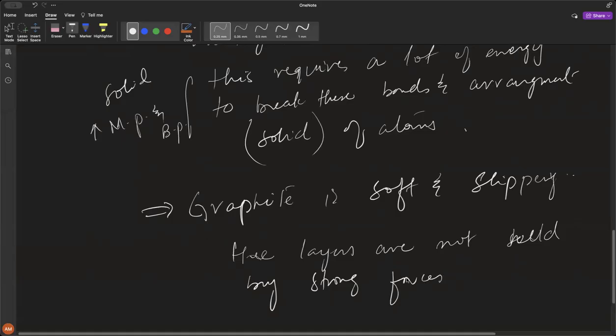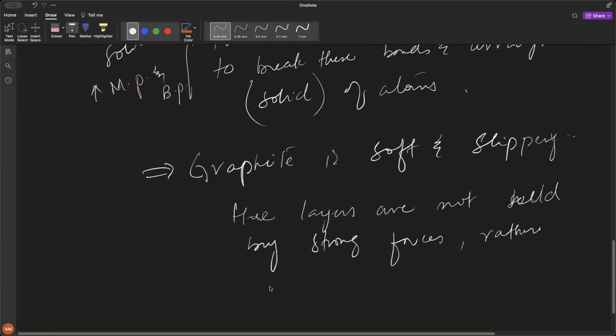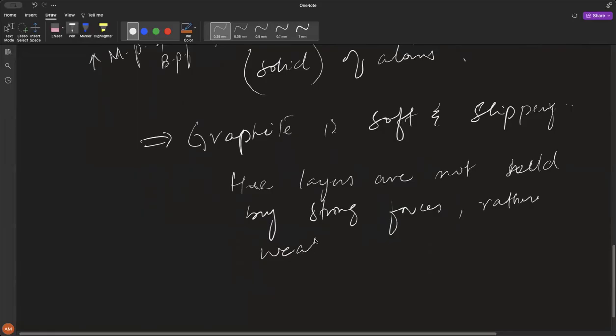The layers are not held by strong forces, rather weak van der Waals forces, right?